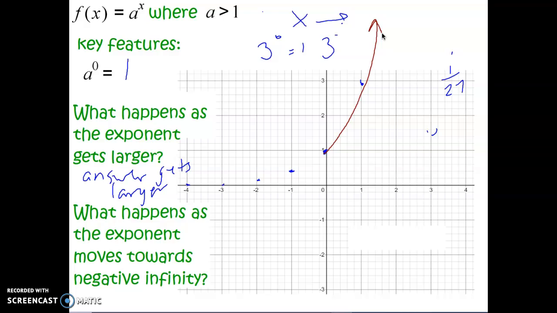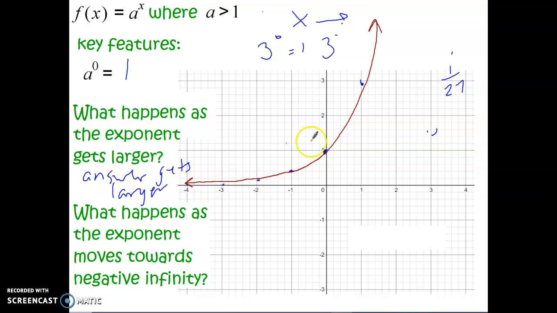Now over here on the left-hand side, it's going down, but it's going down much more gently. It flattens out, but notice how I drew it where it never actually reaches the x-axis. There should always be a little bit of space in between the x-axis and my graph. And there's an arrow over there also to show that it goes on and on forever to the left, but at no point is it going to cross or touch the x-axis.